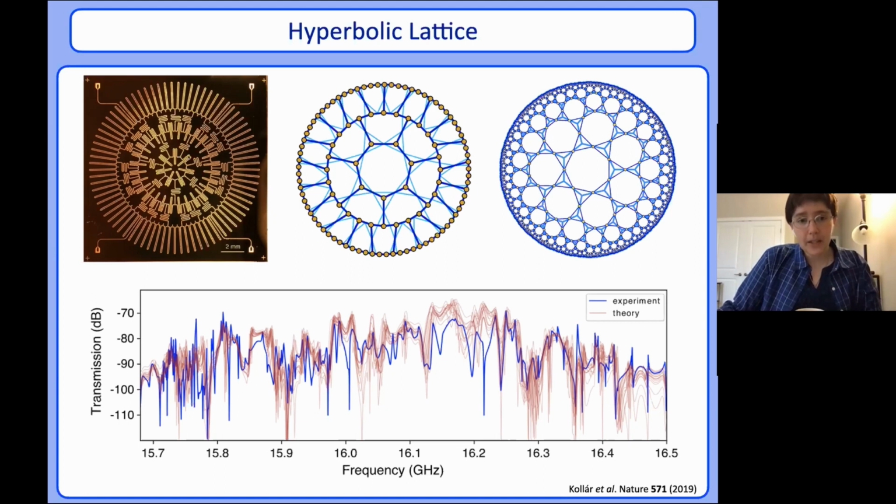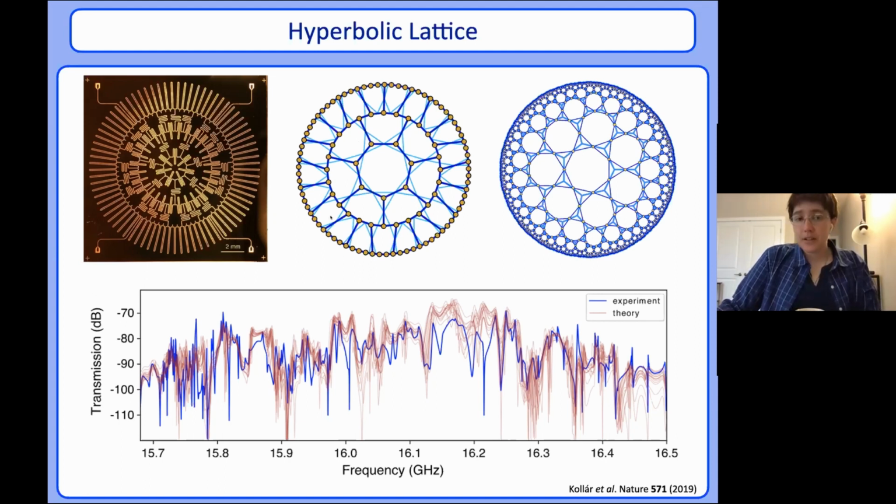If you look at the center of the device, there's a ring of 7 resonators. They're each on top of these dark blue edges of this central heptagon here. And then if you go a little bit to the side, this is another 7-sided ring. That's here, 1, 2, 3, 4, 5, 6, 7.